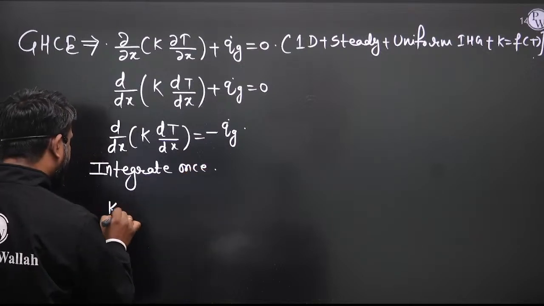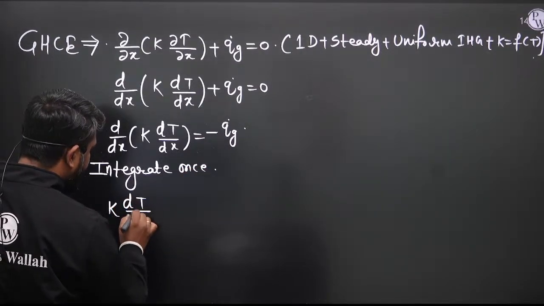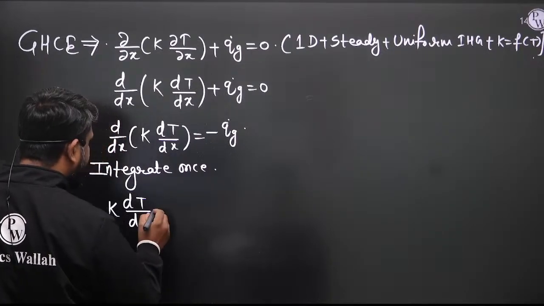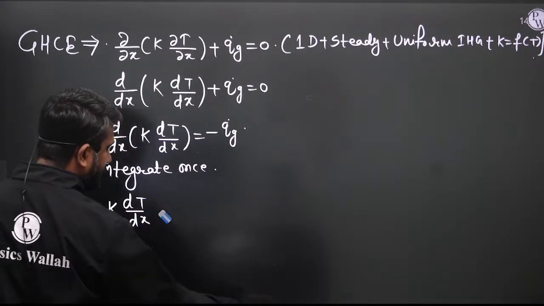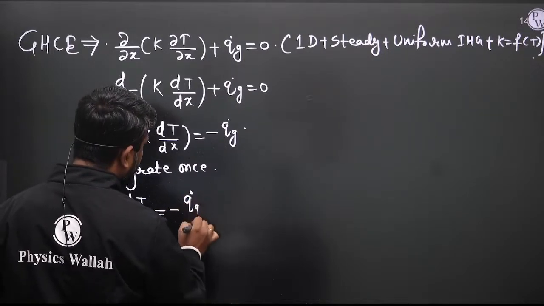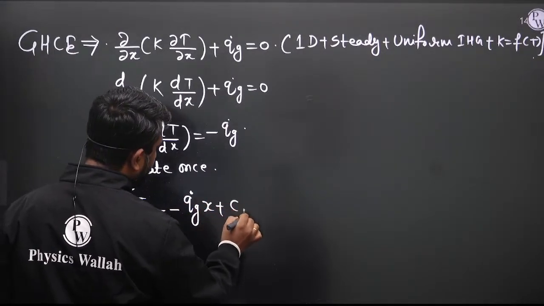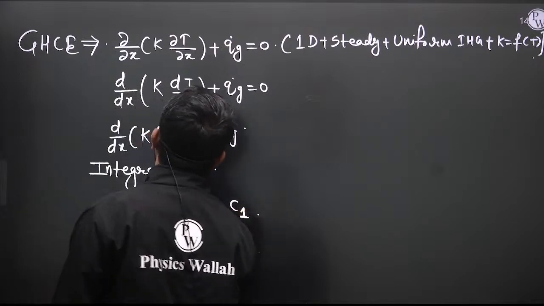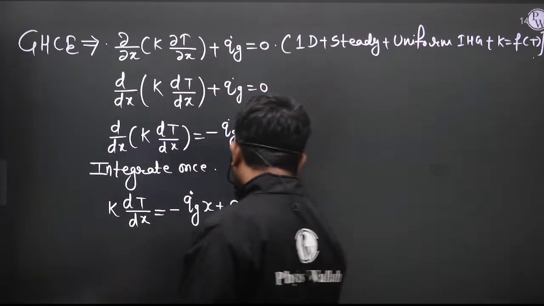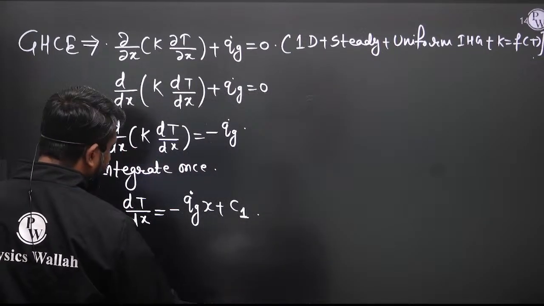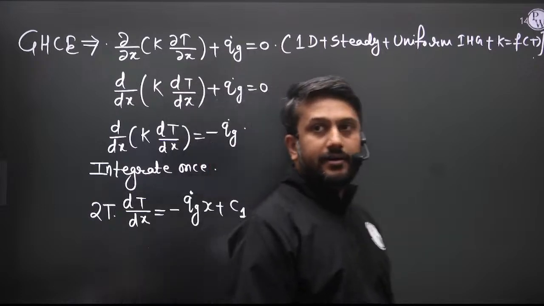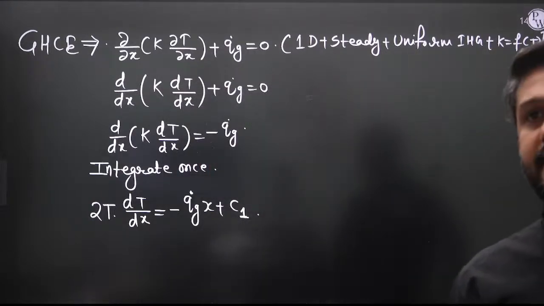You are getting k dt by dx equal to minus q dot g x plus C1. Here k is equal to constant. C1 is the integration constant.